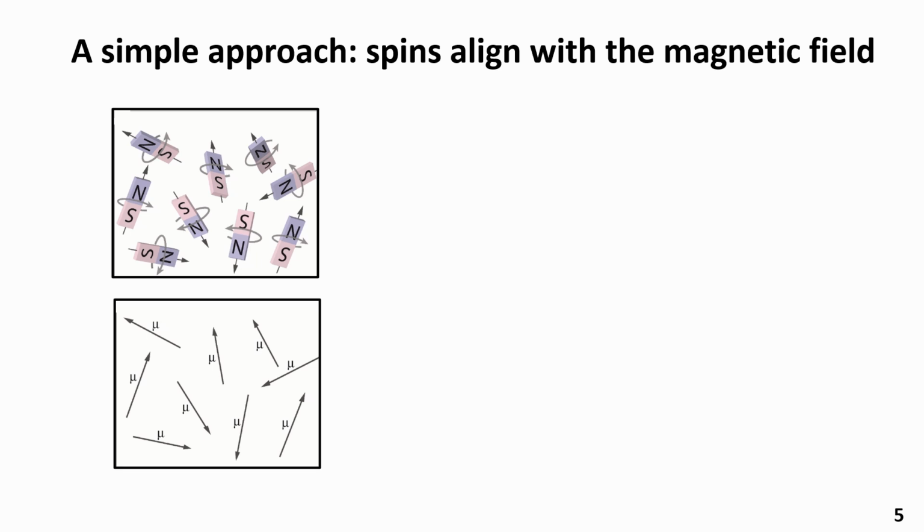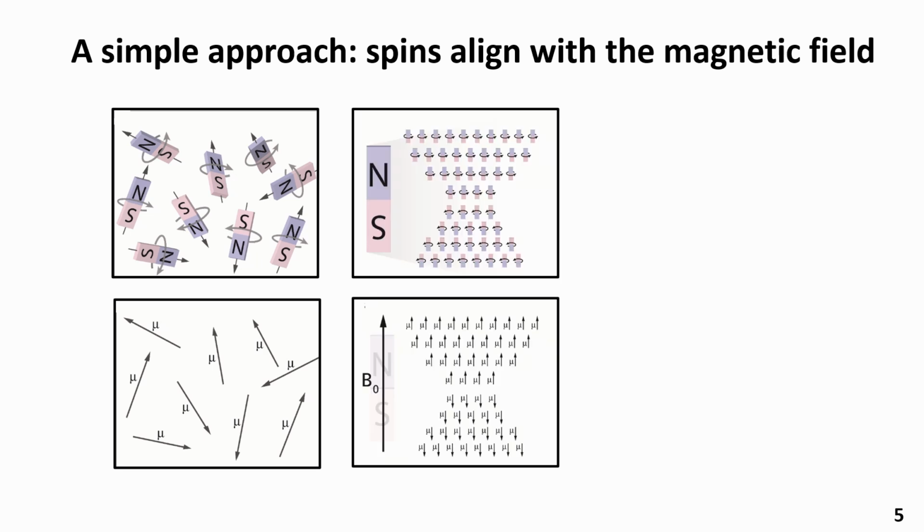All the spins inside the patient's tissues are pointing in random directions, as you see at the top. In the bottom, we have the same picture, but with vectors. Each vector represents 1 spin. The patient then goes inside the MRI scanner. You can see here the strong magnetic field of the MRI scanner, the 1.5 Tesla big magnet, the B0.